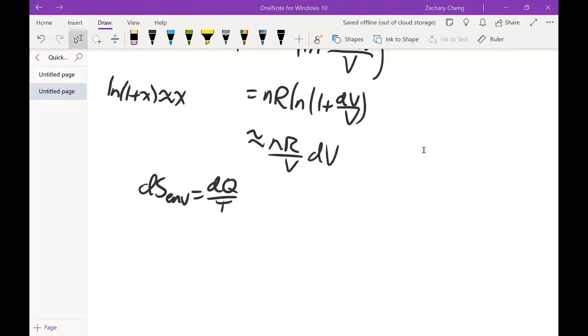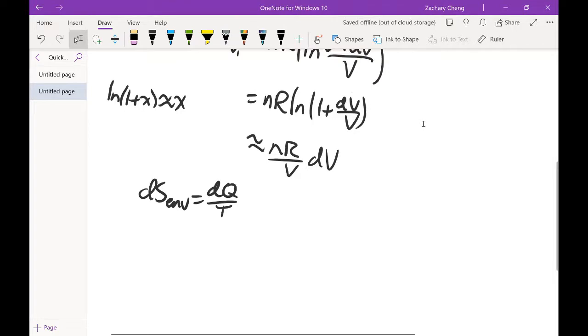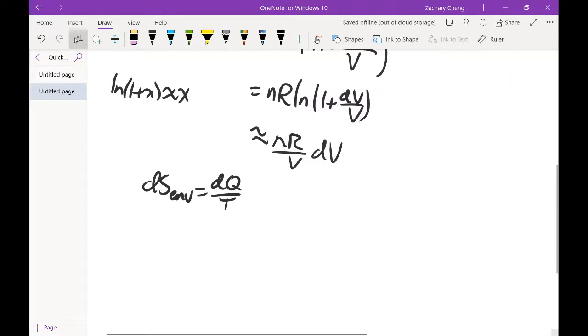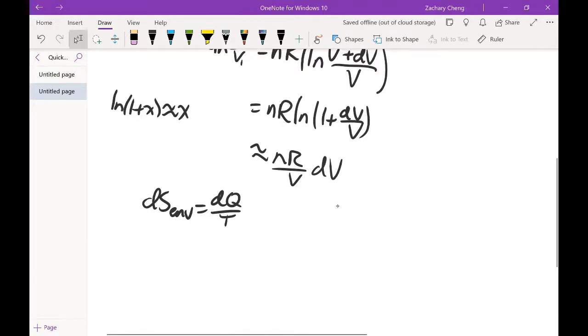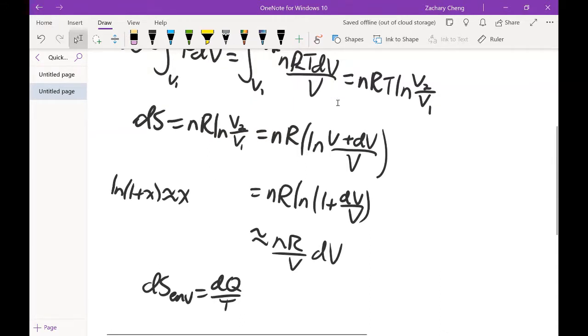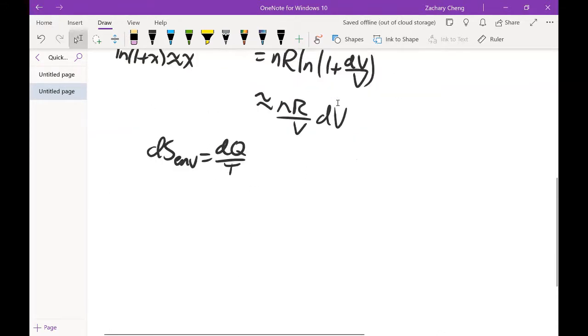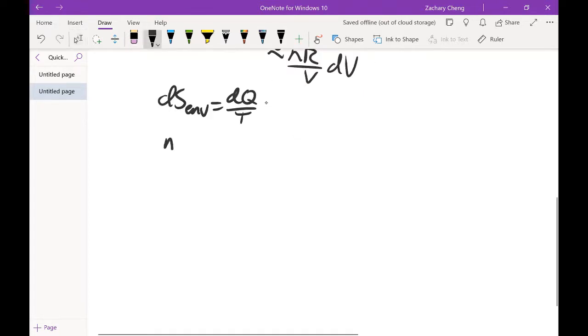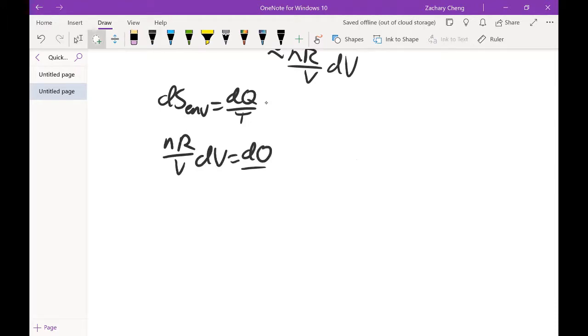Since we know that the entropy doesn't increase when the piston moves to either the left or the right, we just need to analyze the right side and find the x where it's 0. So since the entropy of the surroundings goes down by dQ over T, and that of the gas goes up by this nR over V dV, then for them to add up to 0, we can just set them equal, and so nR over V dV is equal to dQ over T.